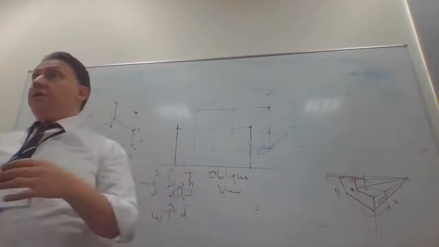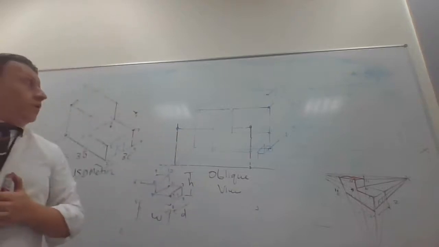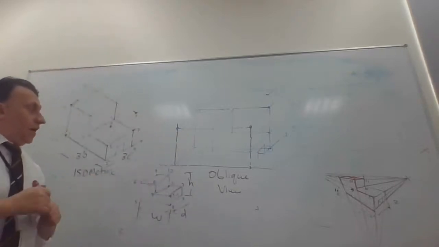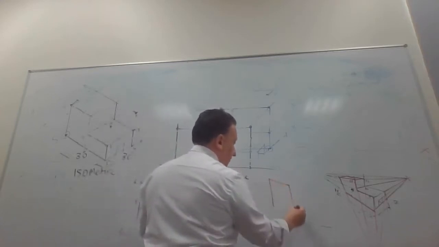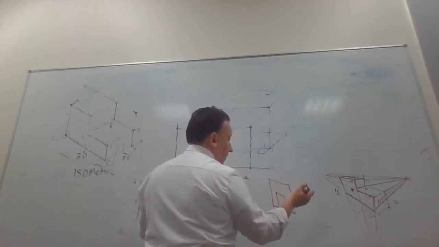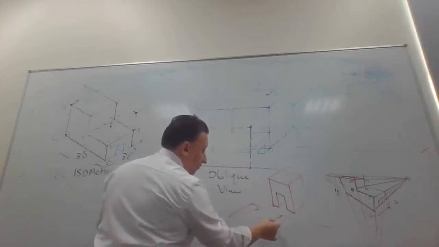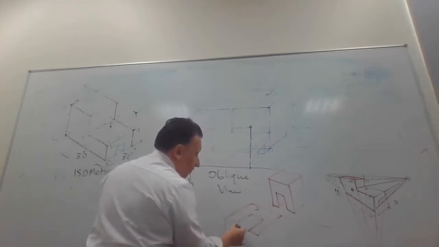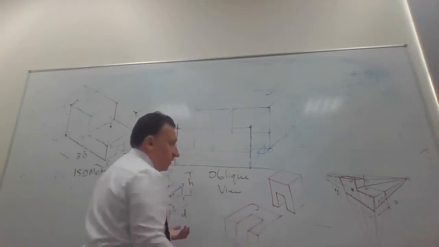Any question? Isometric, oblique? No. Okay, as I said before, this could be any shape. Maybe I will give you a shape like this in the exam, and here, the rest of it. Maybe I will give you something like this, because there are a lot of shapes. I have freedom, see? I can do whatever I want, because you know the rules.